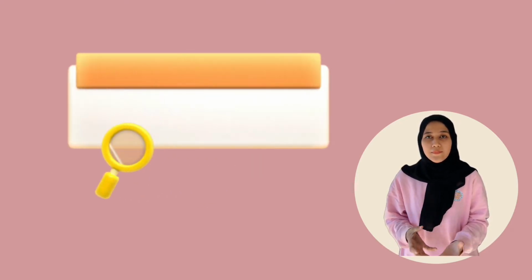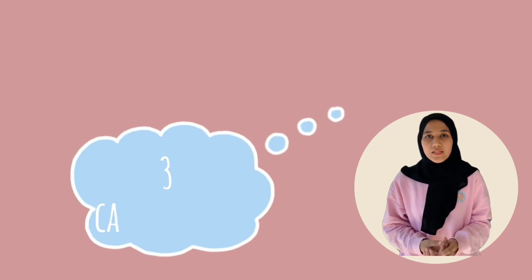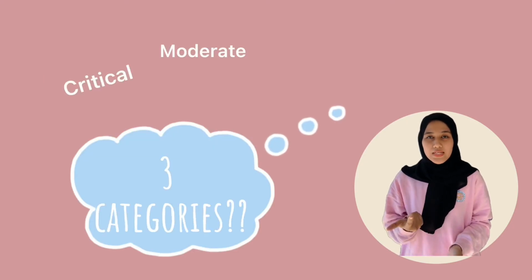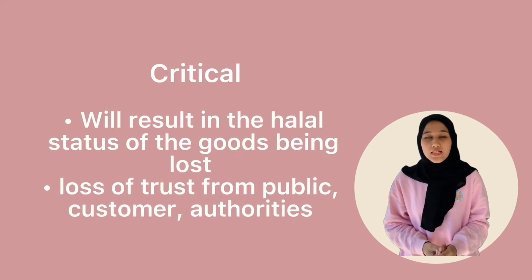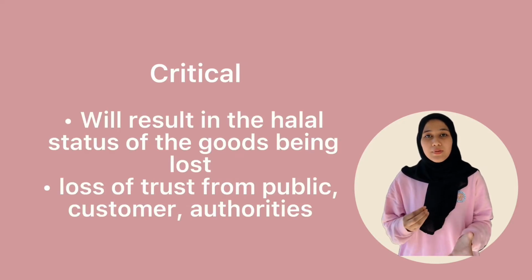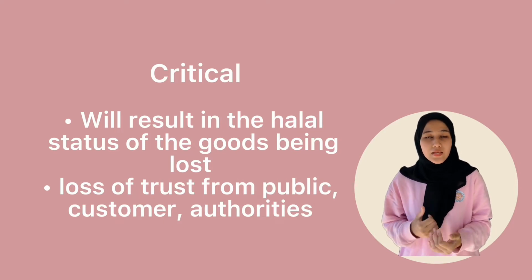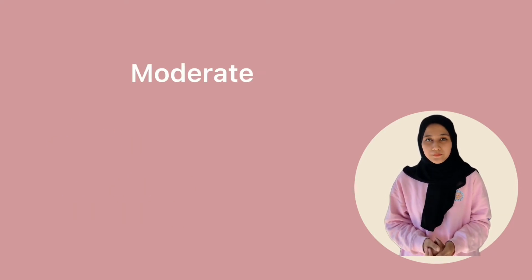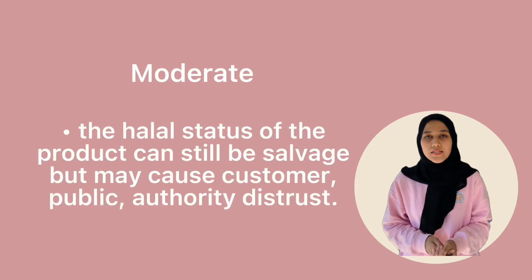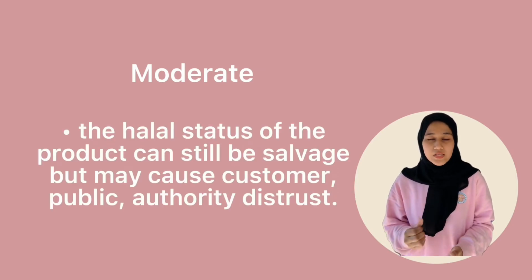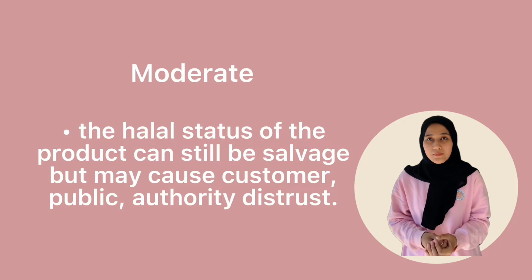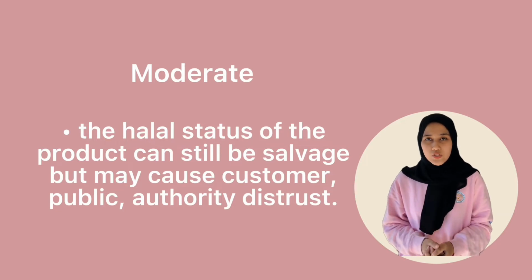For the severity, there are also 3 categories: critical, moderate, and insignificant. For critical, it will result in the halal status of the goods being lost and a loss of trust from the public, customers, and authorities. For moderate, the halal status of the product can still be salvaged but may cause customer, public, and authority distrust.